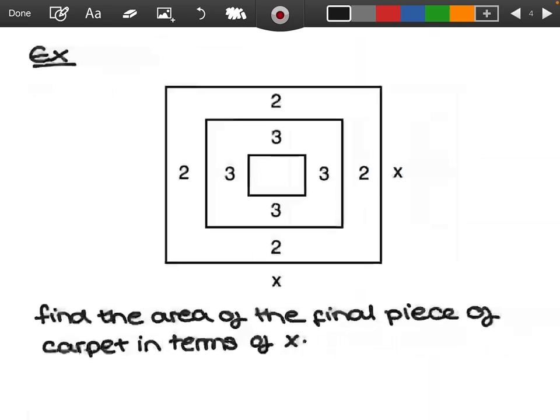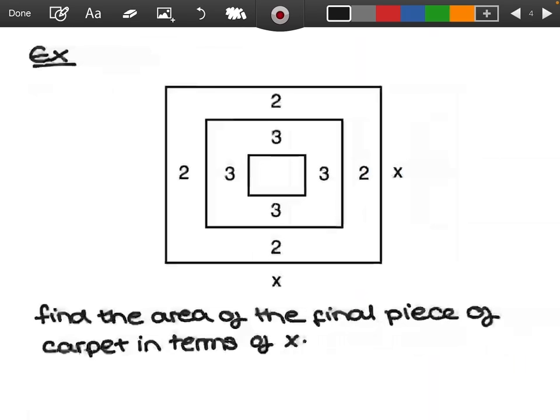The next problem we have is a carpet problem. So in this problem, there is a carpet maker and he has said, okay, I need to trim this carpet down in order for it to fit a particular room. Okay.